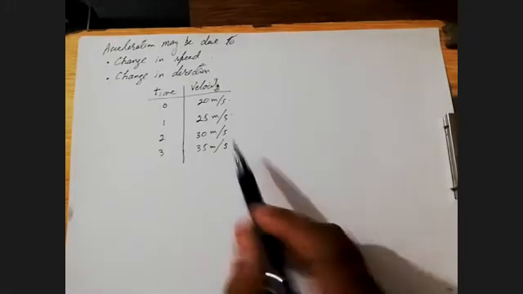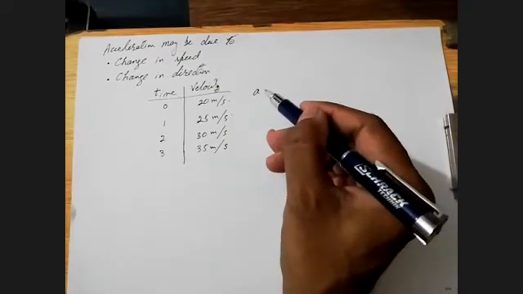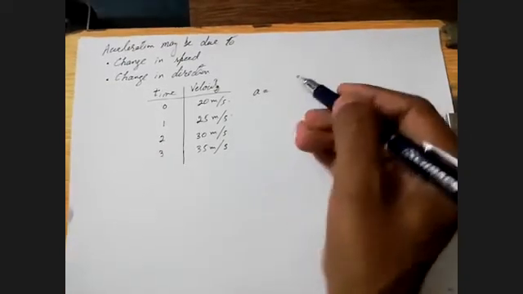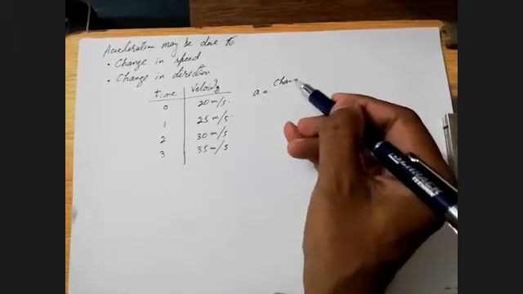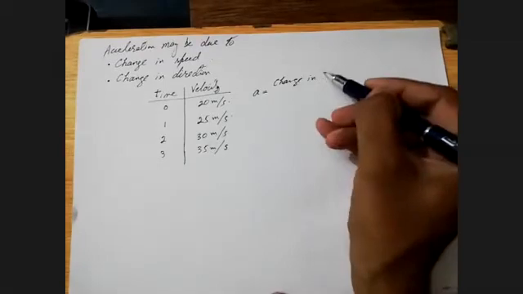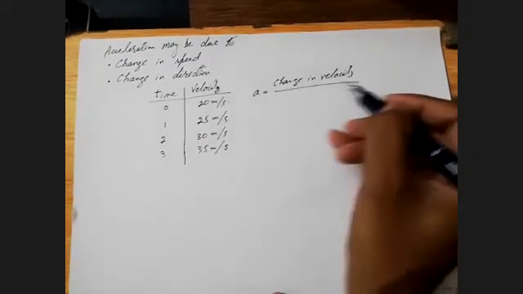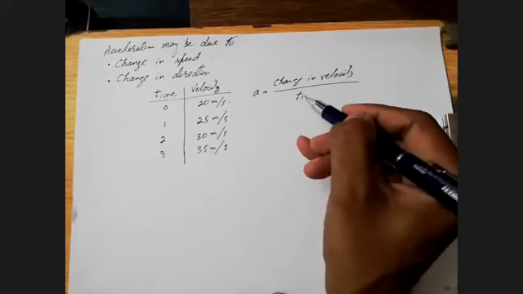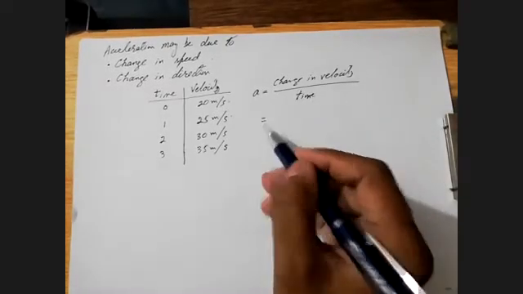Okay, well, guys, from here, if I'm going to find out the acceleration, as you know, acceleration is change in velocity over time. As I told you, what is acceleration?